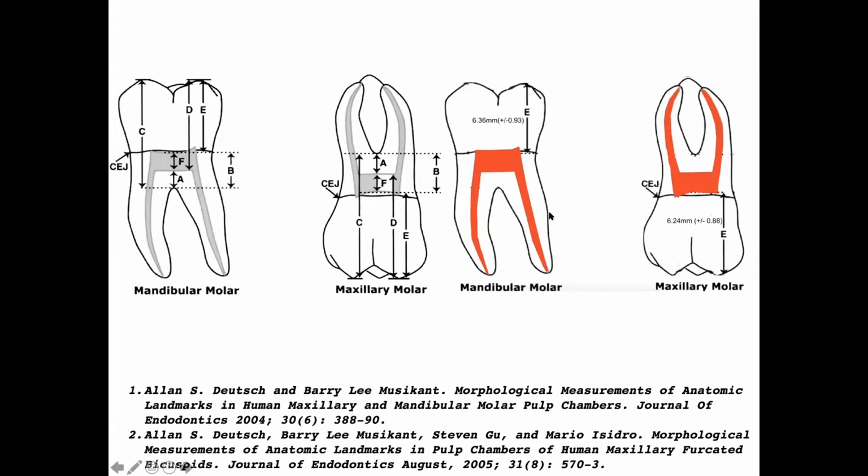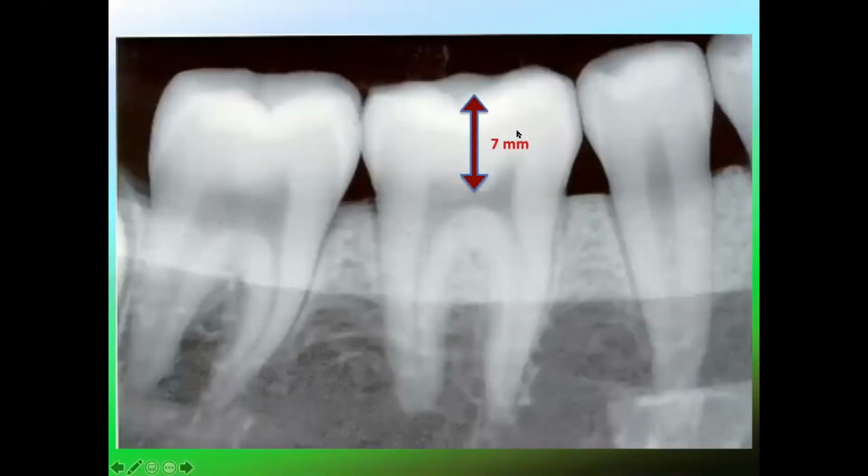They formulated that in the maxillary molar, it is about 6.24 plus or minus 0.88 millimeters, and in the mandibular molar, it is 6.36 millimeters plus or minus 0.93. So approximately a 7 mm space is present from the cusp tip to the roof of the pulp chamber. This gives us another picture to have a confident access cavity preparation.